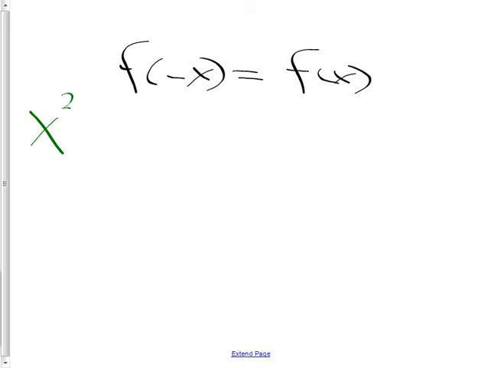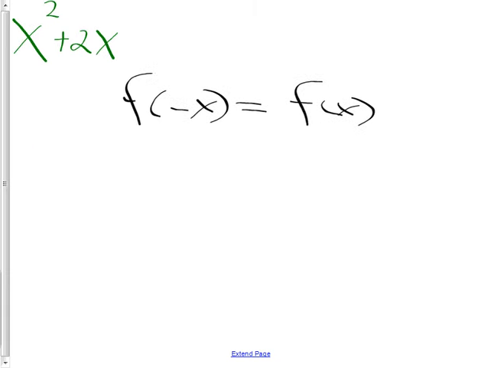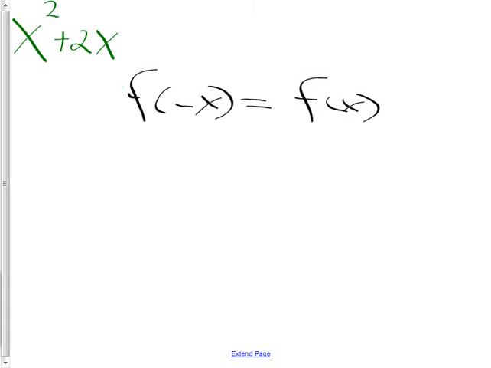x squared plus 2x. Let's see if that is an even function. Okay, I'm back from a little break, and this one is empty spot squared plus 2 empty spot.